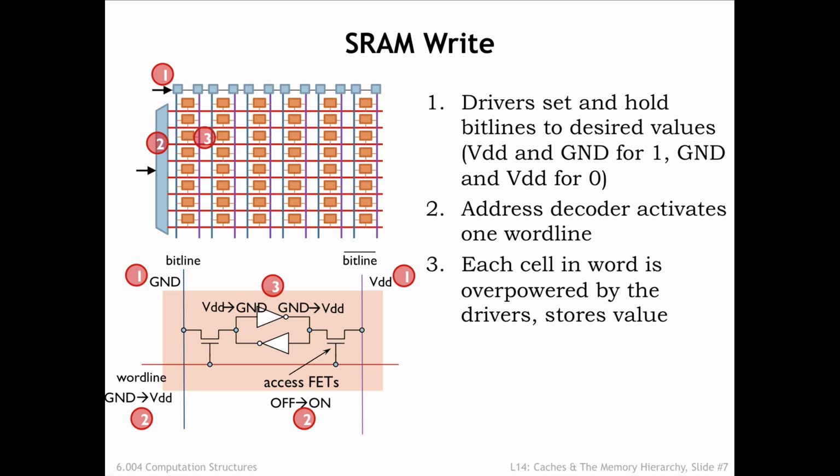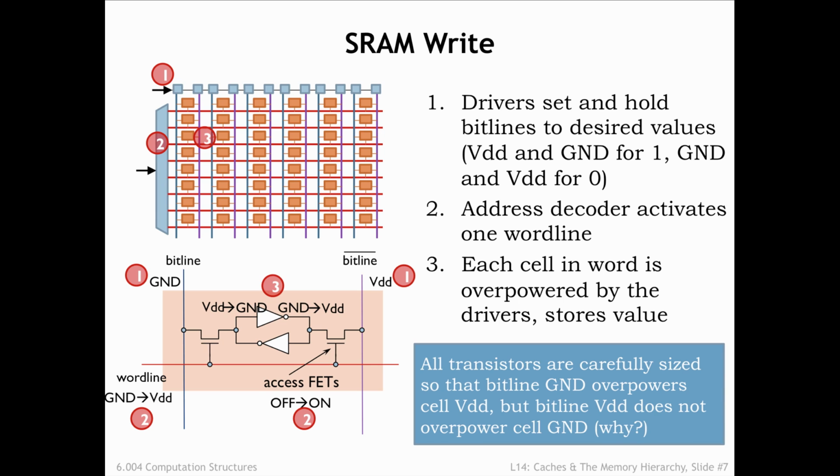The drivers have much larger MOSFETs than those in the cell's inverters, so the internal signals in the enabled cells are forced to the values on the bit lines, and the bistable circuits flip into the new stable configuration. We're basically shorting together the outputs of the driver and the internal inverter, so this is another analog operation. This would be a no-no in a strictly digital circuit.